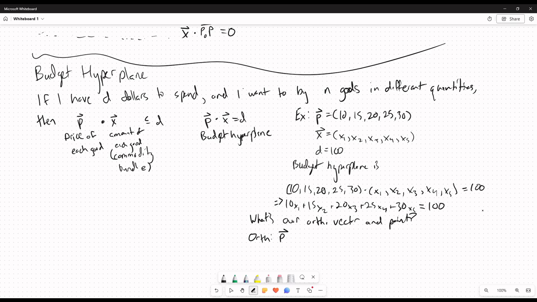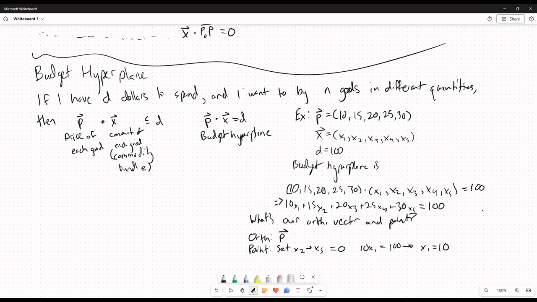But we need to do a little bit of work to find a point. Thankfully, it's not too much work. For the point, one way to do that is to set everything except for one variable equal to 0. So we'll set x2 through x5 equal to 0. Then we get 10x1 plus a whole bunch of things that equal 0 equals 100. This implies that x1 equals 10.